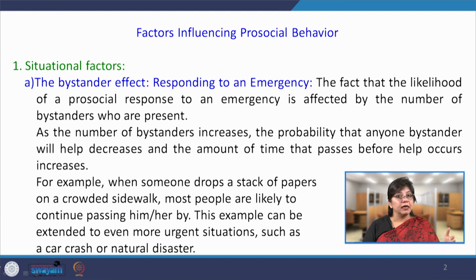And at the same time, time passes by, but there is no help by any bystander or witness of the accident. So, this is the bystander effect.